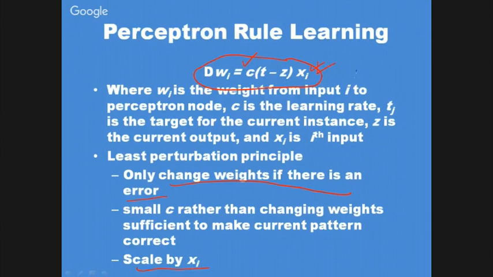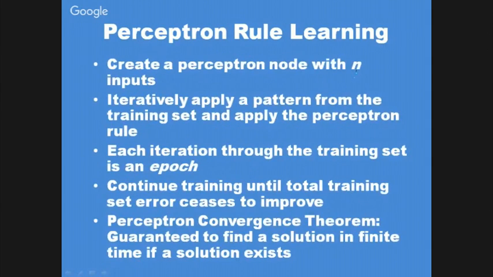So you have to remember that in the perceptron algorithm the weight updation is this. In various learning methods, there are various types of weight updation. That is the only difference between the different learning rules. So it says create a perceptron rule learning method. The methodology says create a perceptron node with n inputs, iteratively apply a pattern from the training set and apply the perceptron rule.